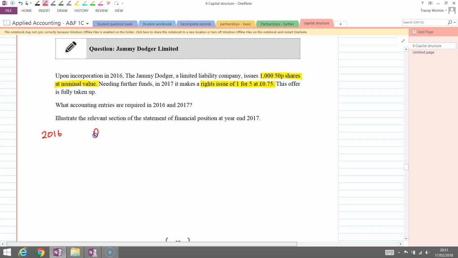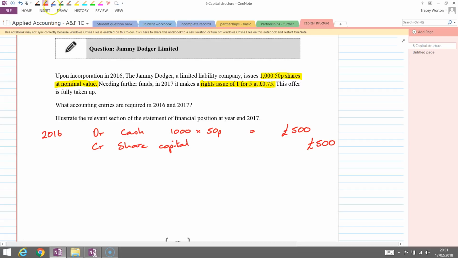So we're going to debit the cash account with the cash received, and we've got 1,000 50p shares, so it's going to be raising £500, and we're going to credit share capital with the full amount of 500, because these shares were issued at their face value, their nominal value. There was no share premium in this particular instance.